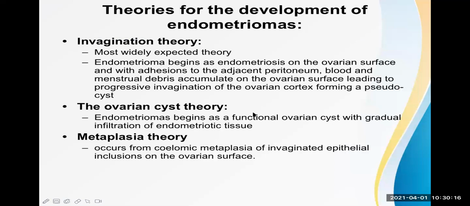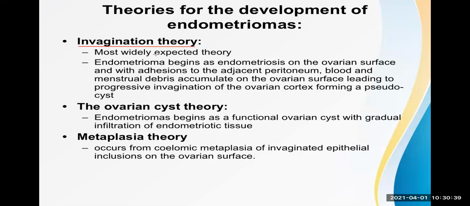Now, another important point you need to understand is what are the theories for the development of endometrioma? Why does endometrioma develop in the ovary? How does this endometrial tissue reach the ovary? What are those hypotheses or theories? One is known as the invagination theory.